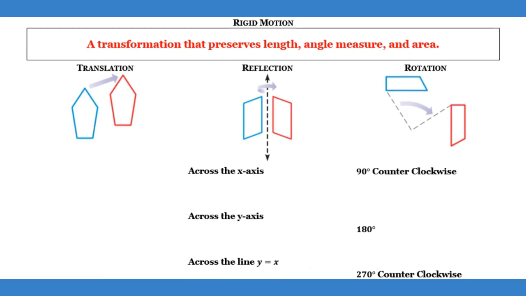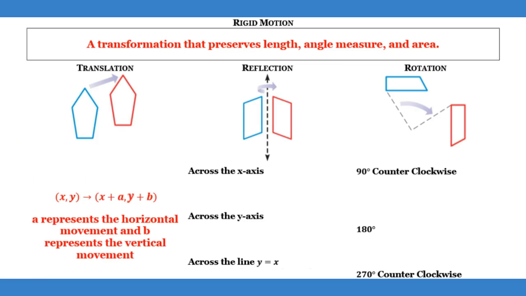So the first one I'm going to talk about is a translation. Translation is also called a slide. And the rule for a translation states that if you have this point, x, y, then you can move it horizontally some distance, A, and you can move it vertically some distance, B. So it's a horizontal movement and vertical movement.